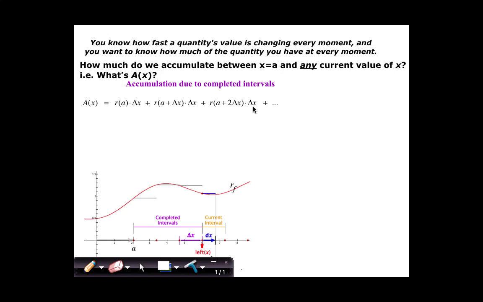Maybe it's a specific number like 17.4, or maybe we're just imagining some general x and we want to describe this. So if we want to talk about any current value of x, I wrote out a few terms just for the pattern there, but it could be that x is in the first interval.